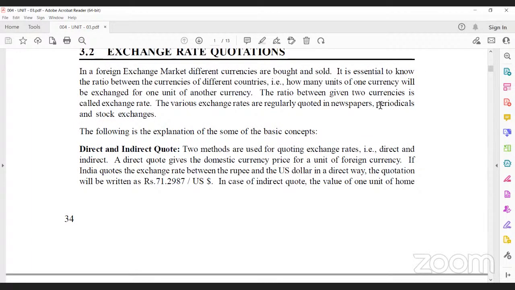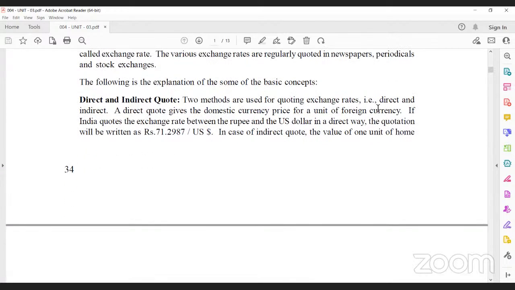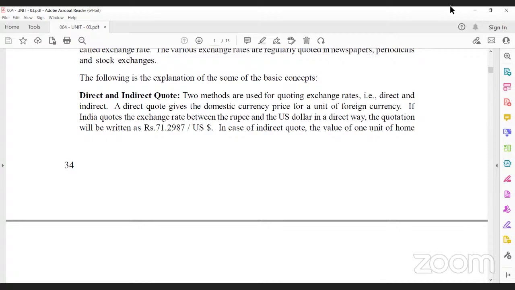Suppose India quotes the exchange rate between the rupee and the US dollar in a direct way, the quotation will be written as rupees 71.29 per US dollar.